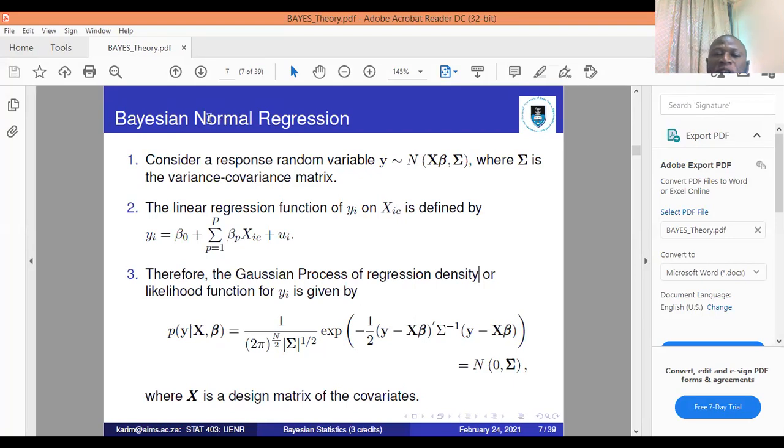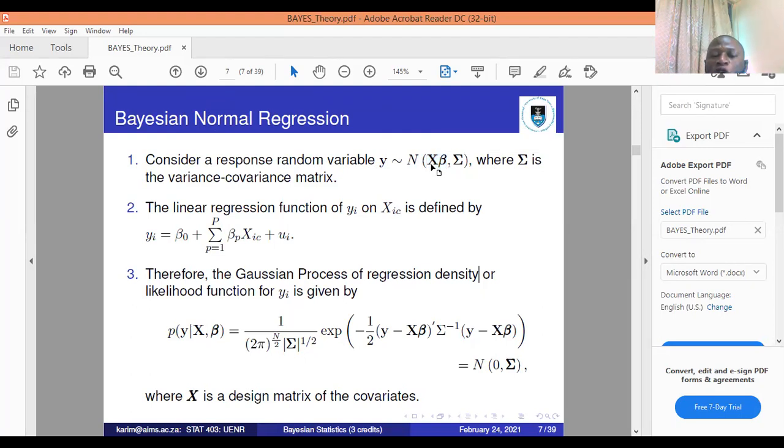Others refer to the normal distribution as the Gaussian process. So let's consider a response random variable y. The data of interest, our response variable, is y. And here we are saying that y is normally distributed with mean the design matrix of the covariate, which is x, and then the vector of the parameters describing the covariates.